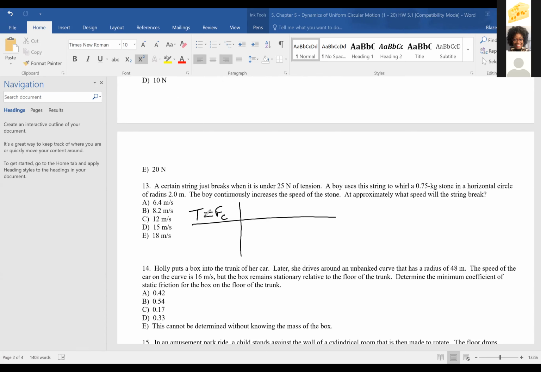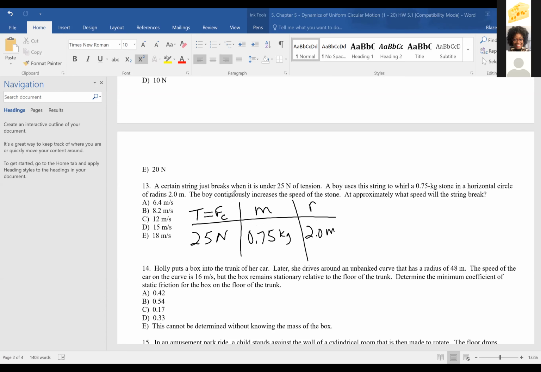So my centripetal force, my tension, is 25 newtons. A boy uses this string to whirl a 0.75 kilogram stone. So my mass is 0.75 kilograms. Okay. My radius is 2 meters.